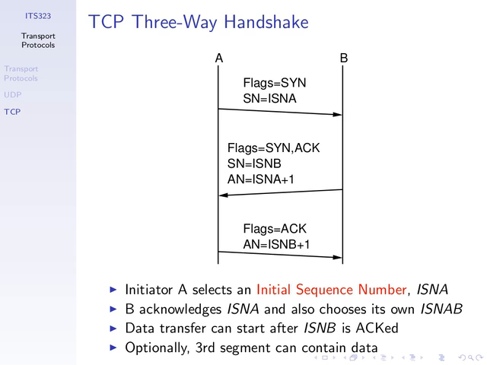B wants to acknowledge that. Sets the ACK flag to 1. It's an acknowledgement. Sets the ACK number. What's the ACK number?